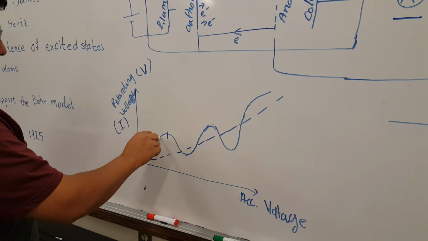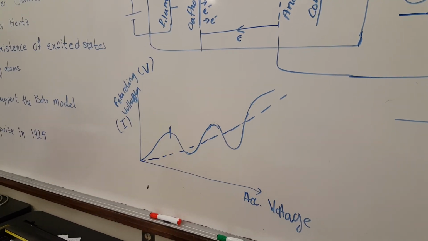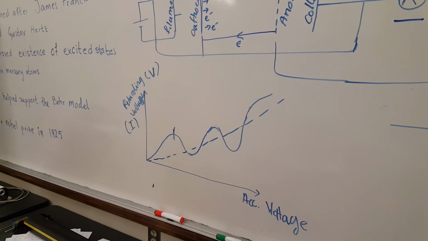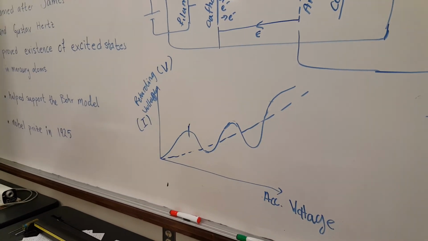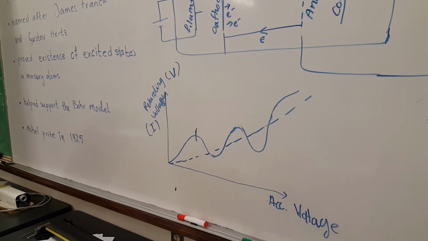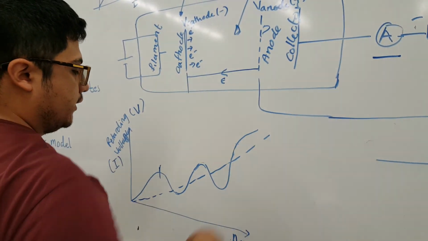So they continue to increase the current up until this point where you see a dropping current. Before they get to this point, the electrons collide elastically with the mercury atoms, and then they make their way towards the collector plate, and you get a current.